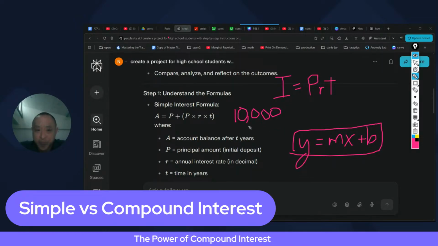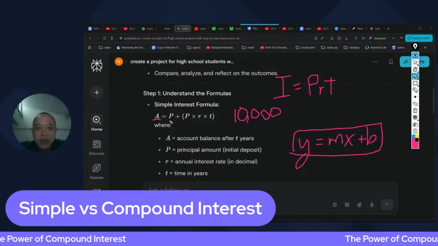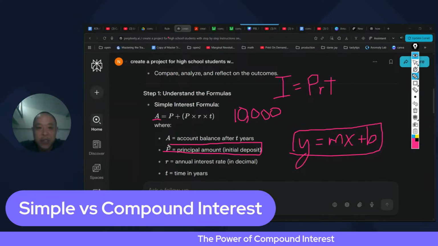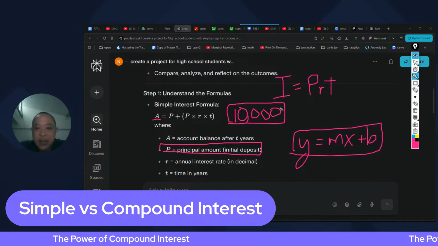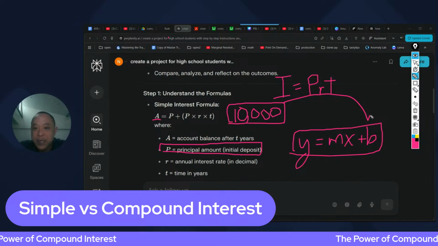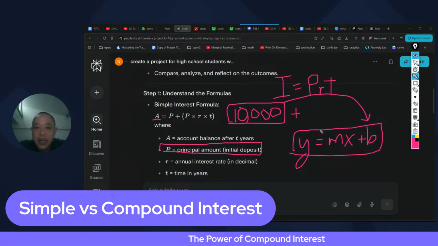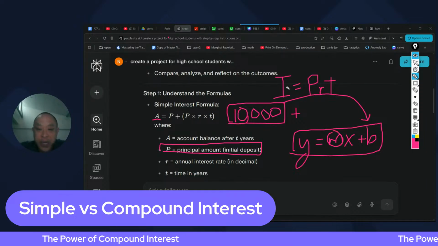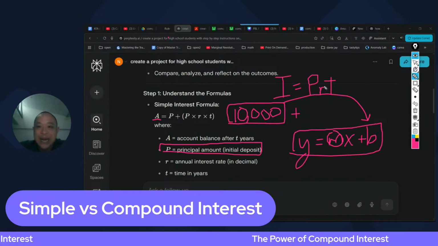So here, the amount that you have in your account is equal to the principal, which is how much you start off with, your initial deposit or your y-intercept of 10,000. This is what b is equal to, plus your interest rate. Your interest is the principal times the rate times t, where t is your time.